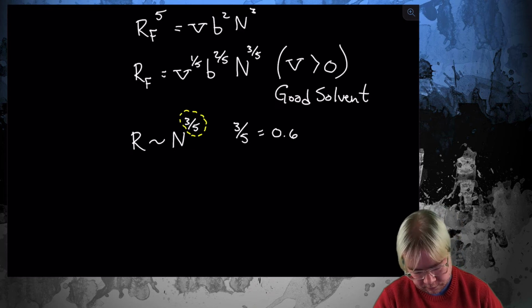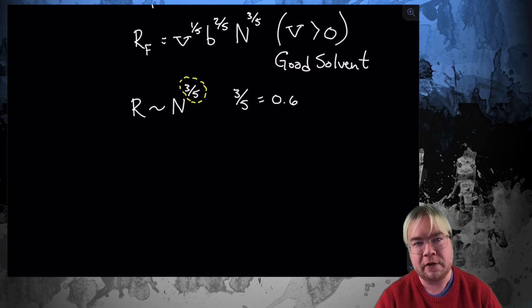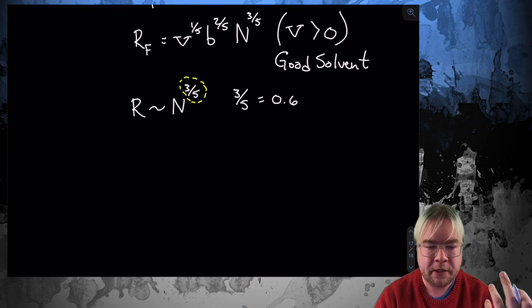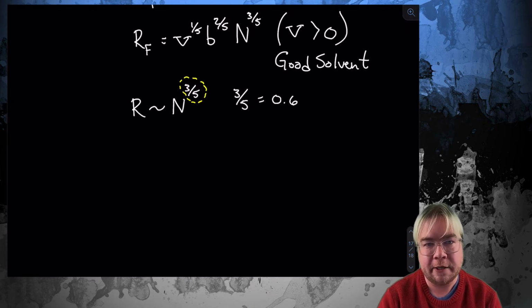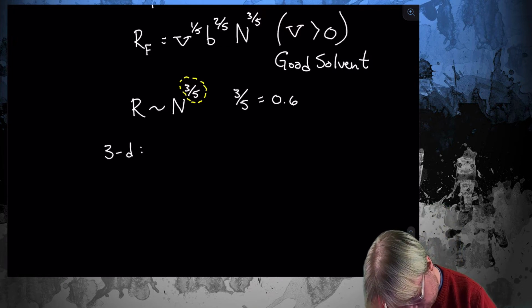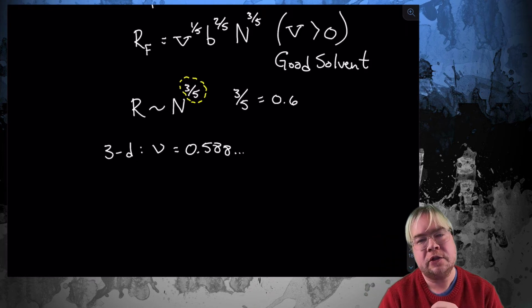But if you take a more sophisticated approach, and we won't do it, it's pretty difficult. There was a Nobel Prize awarded for it. There are commonalities between magnetism, quantum field theory, so calculating things with Feynman diagrams and whatnot, and calculating the scaling exponent for a chain in a good solvent. Turns out that in 3 dimensions, nu is equal to 0.588. So that's the actual value.